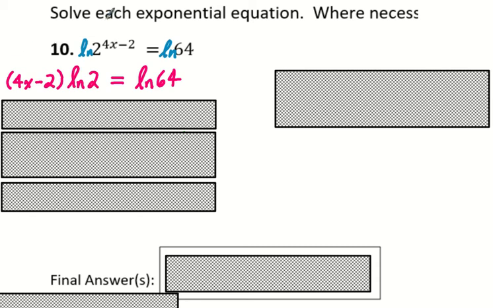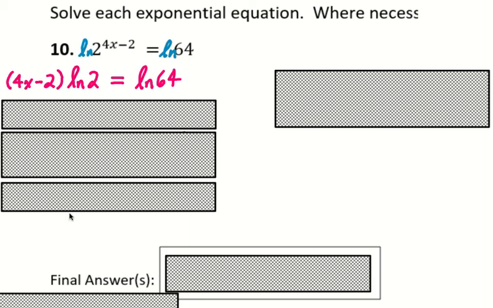Because we're not just going to have the negative 2 in front of the natural log of 2. It's this whole 4x minus 2 in a bubble, in a grouping. And once you're able to pull the trigger on that whole power rule trick, now it's just about solving for x.